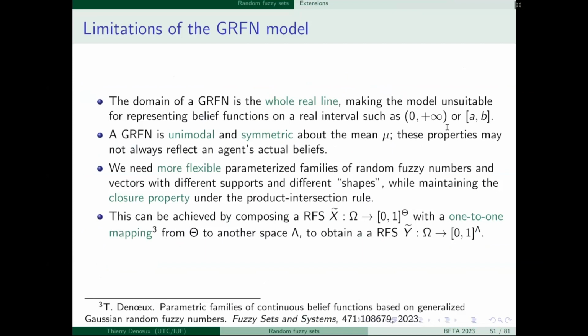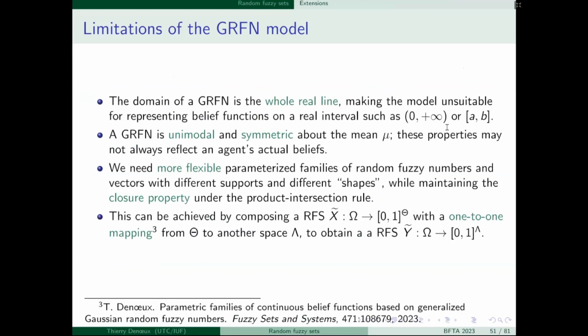For example, if the quantity x is a probability, you have some unknown probability between 0 and 1. It cannot be represented by a Gaussian because for a Gaussian, the support is the real line. Or if you have a positive quantity, you want the positive real numbers.